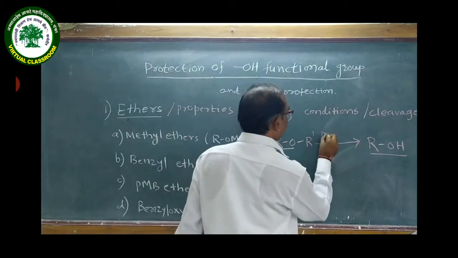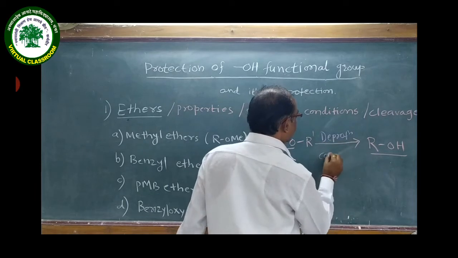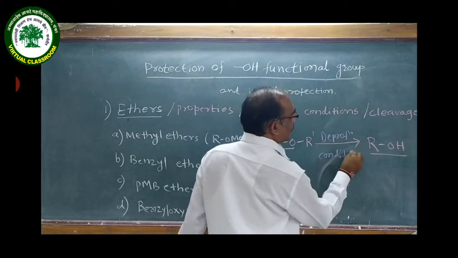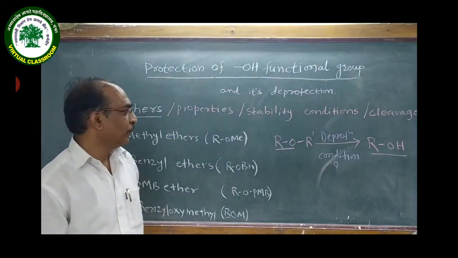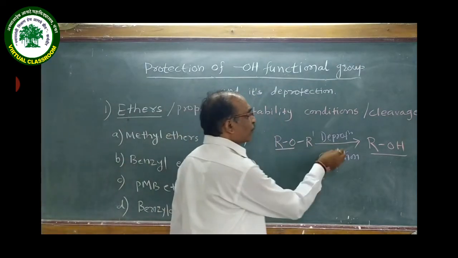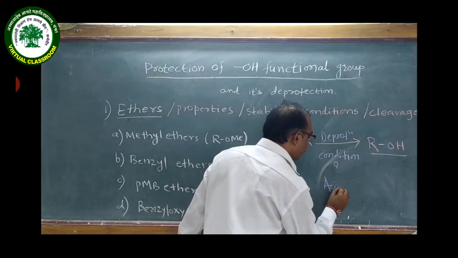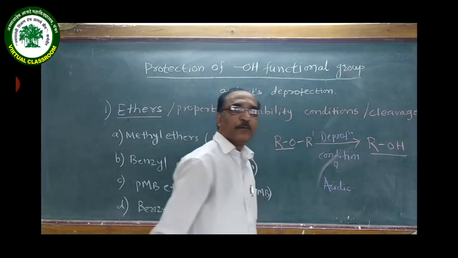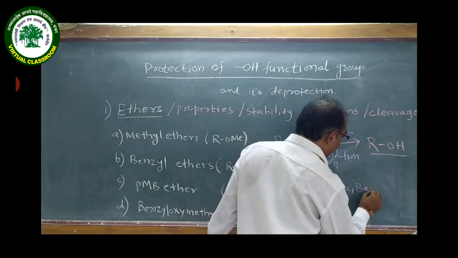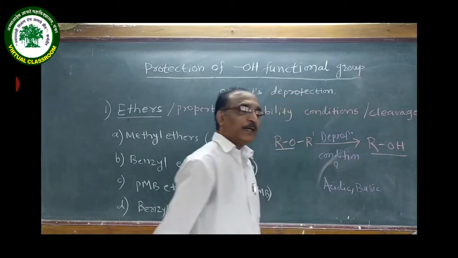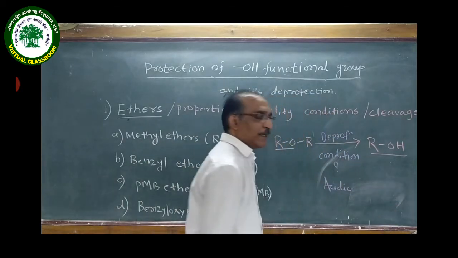What is a deprotection? We must know the condition under which it is getting deprotected. So what is the condition to get deprotected? The condition is acidic. Sometimes basic also, but now here we are focusing only on acidic condition.